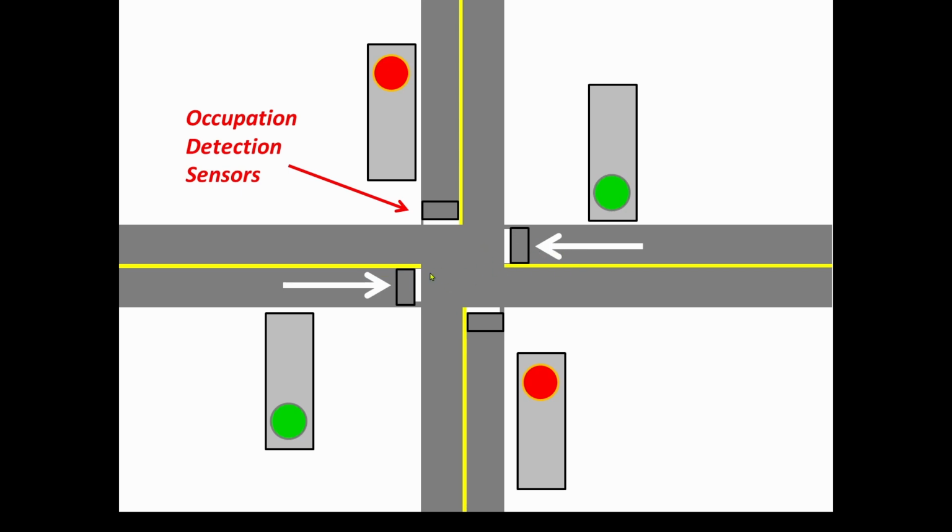For example, if on the horizontal lanes we detect many cars passing the sensor every minute, but on the vertical road there's only one every 10 minutes, then we can add that to the logic and say, I don't really need to change the lights. I can leave the horizontal lanes with a green light. There's not a lot of traffic in those vertical lanes, so we can change it only when we absolutely need to. So there's a couple reasons you might want to use that in your logic.